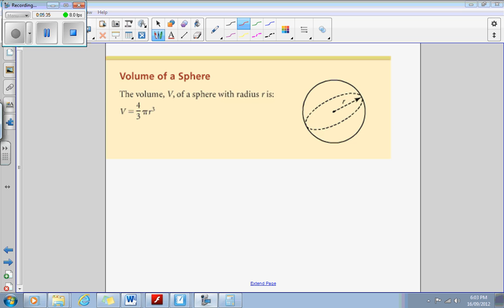So more equations. Another equation that we're looking at today is the volume of a sphere. It's another important equation that you should have in your notes, and I would be really happy if you actually put these in your notes: volume equals 4/3 pi r cubed.